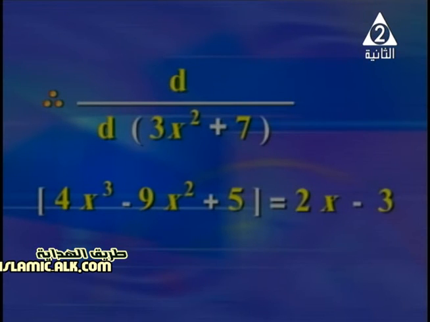Then the final answer, the derivative with respect to 3x power 2 plus 7 of the function 4x power 3 minus 9x power 2 plus 5, equals 2x minus 3. This is a very important example.